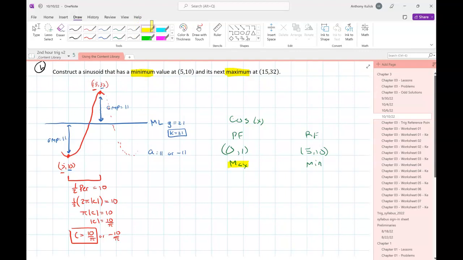Since I'm going max to min, what does that tell me? The A needs to be negative. And then since the x coordinate on my parent function is 0, it tells me the x coordinate on my resultant function is h. And then I have everything I need.